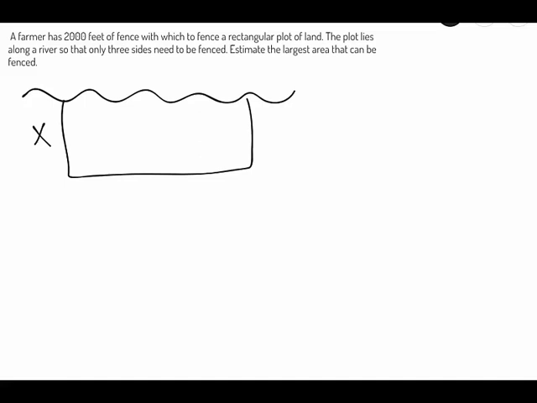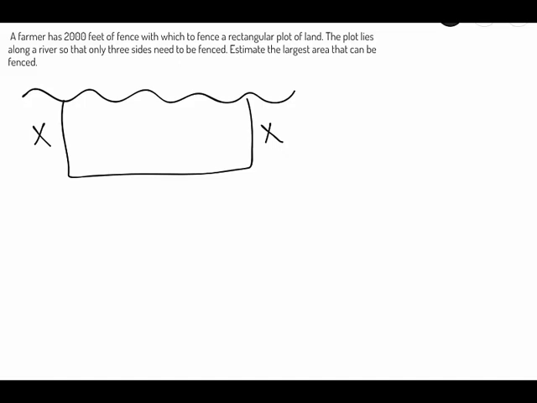And what we know about rectangles is opposite sides are equal. So if that left side there is X amount of fencing, so is the right side over here. They're both X feet of fencing. Now, if I have 2,000 feet of fencing and I put X amount over here and X amount over there, what I'm left with is 2,000 feet of fencing minus this X on the left and minus the X on the right.